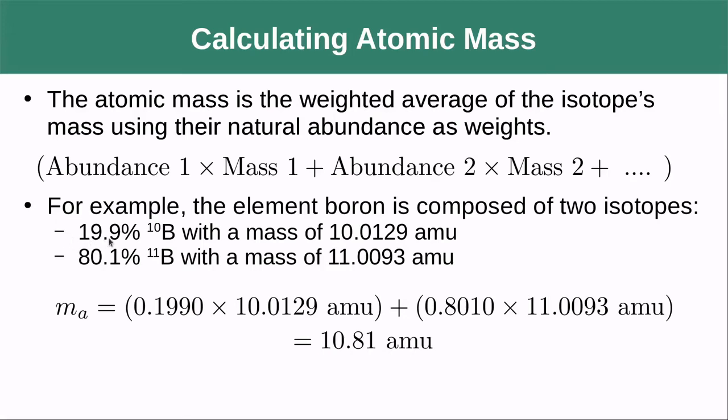If 19.9% of boron is boron 10, and it has a mass of 10.0129 AMU, and 80.1% is boron 11, with a mass of 11.0093 AMU, then its average mass is going to be this value here as a decimal times its mass there plus this value as a decimal here times its mass, and that's going to give us an average mass of 10.81 AMU.